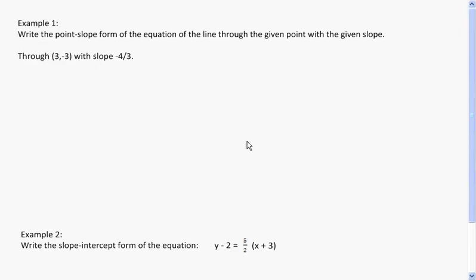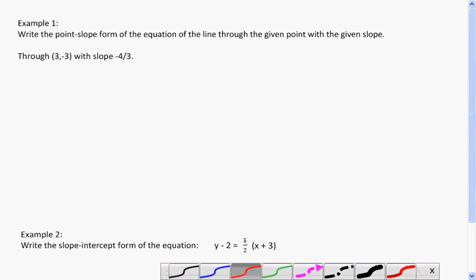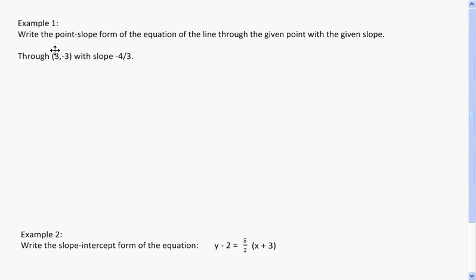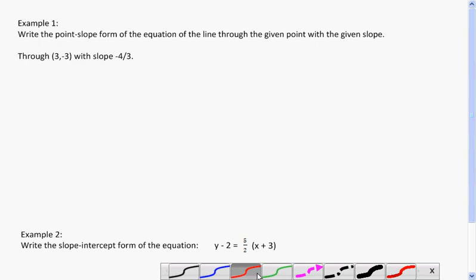Example 1, you're going to write the point slope form of the equation of a line through the given point with a given slope. You are given your first ordered pair, 3, -3. The first thing that I would do here is put your little subscripts up here.